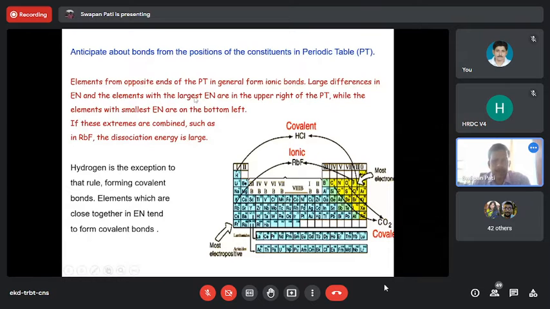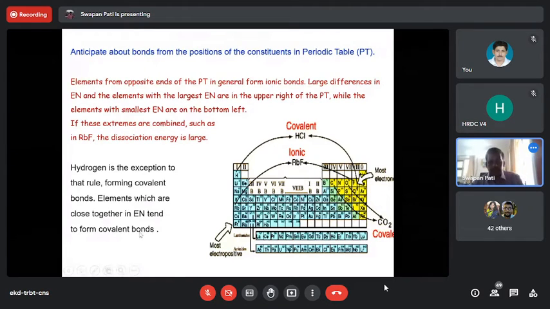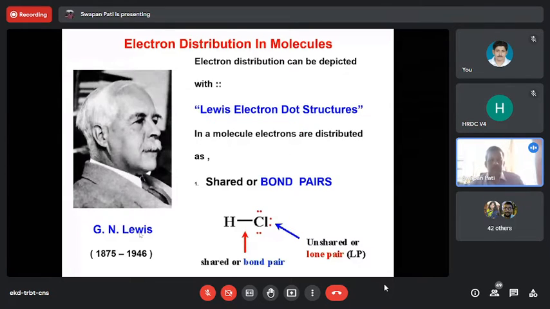The elements with large electronegativity are in the upper right of the periodic table, while the elements with smaller electronegativity are on the bottom left. If these extremes are combined, such as in rubidium fluoride, the diffusion energy is large. Hydrogen is the exception to that rule, forming covalent bonds. Elements which are close together in electronegativity tend to form covalent bonds. Okay, these are some of the hand-waving rules. Most often, they follow these rules.